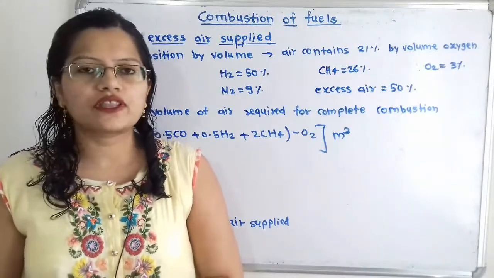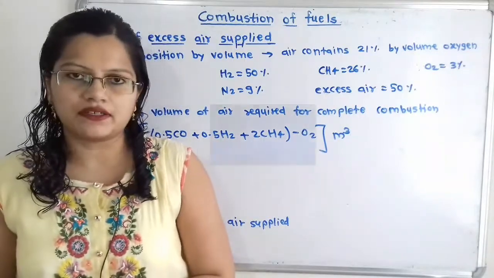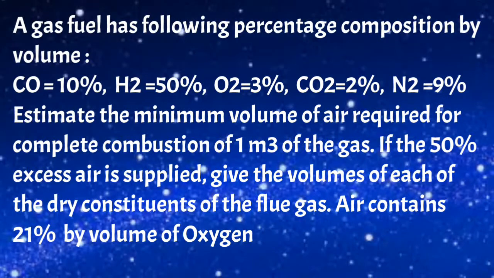Now we will move to the second question about the volume of excess air supply. I will read the given question. A gas fuel has the following percentage composition by volume: CO 10%, H2 50%, CH4 26%, O2 3%, CO2 2% and N2 9%.